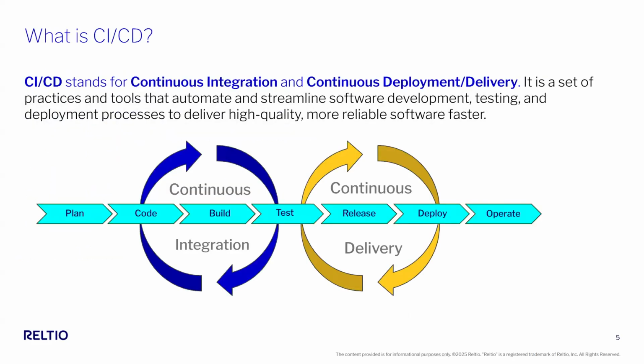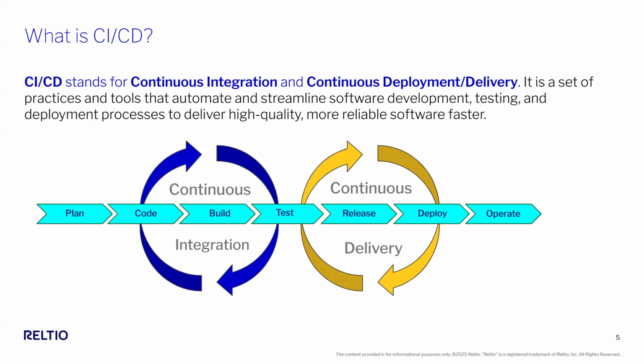Basics first, as I said, what is CI/CD? CI/CD stands for continuous integration and continuous deployment and delivery. It's a set of steps basically to automate and streamline your software development. And we are talking in the context of the Reltio development in this presentation, right?